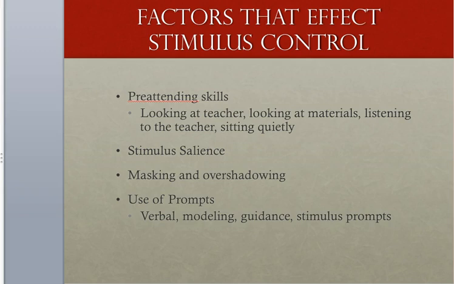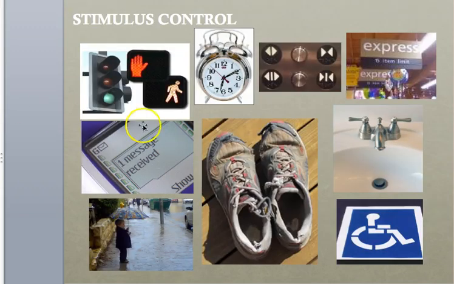Masking and overshadowing. You have to be careful with your stimuli, that some aspect of your stimulus isn't going to grab their attention away from the main part of the stimulus. So I've shown you some pictures. I'm trying to see if I have any examples in this. Actually, maybe I do up here. Yeah, so here, I'll give you an example.